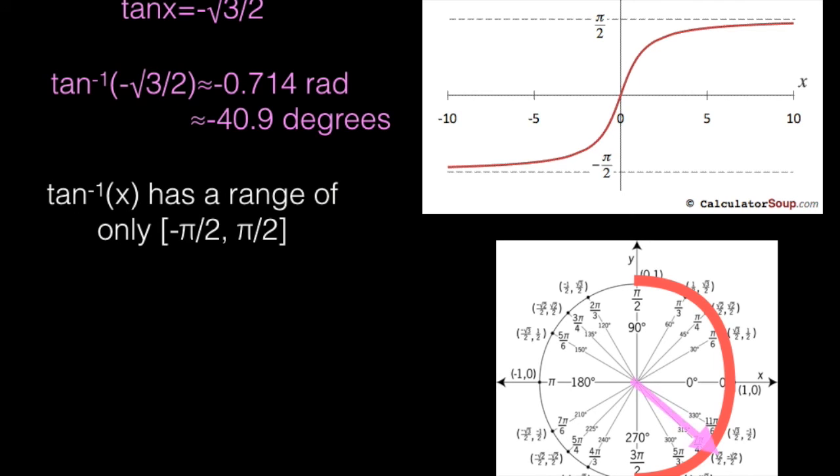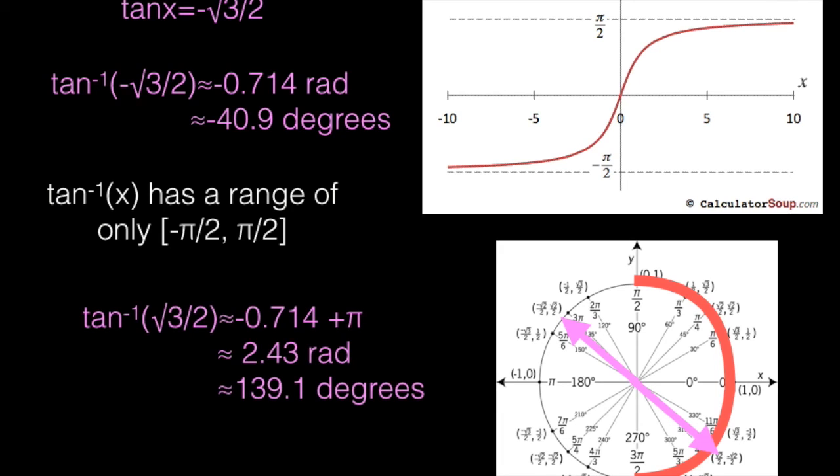And so, to acknowledge all of the x values, we have to add pi to negative 0.714, and we get 2.43 radians, which is roughly 139.1 degrees. But because we're looking for all of the values of x, we have to say x is equal to negative 0.714 plus 2k pi, or x is equal to 2.43 plus 2k pi.